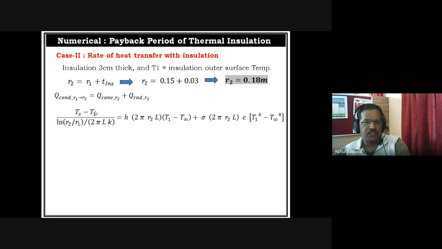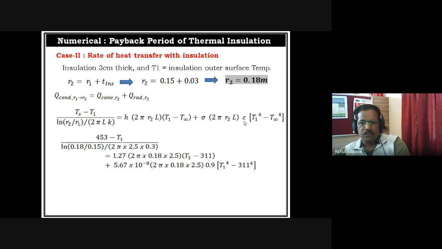T surface minus T1, and conduction resistance will be ln of R2 upon R1 divided by 2πLk, equals the convection part from insulation outer surface: h 2πR2L, this time R2, and temperature difference T1, outer surface temperature of insulation, minus T infinity. In the same manner, sigma 2πR2L into emissivity, T1 raised to the power 4 minus T infinity raised to the power 4.